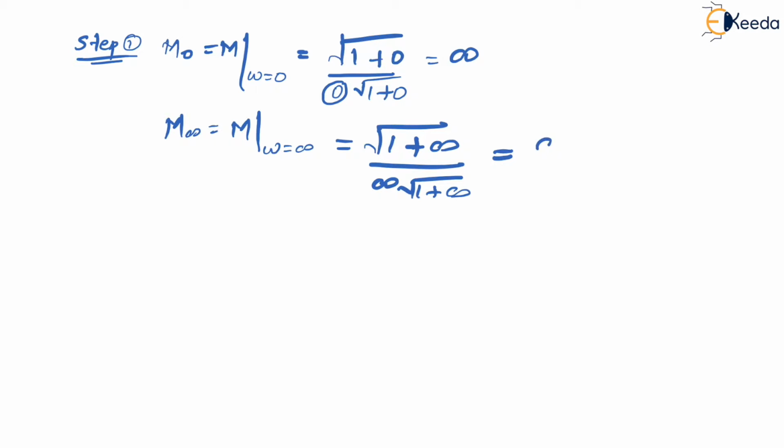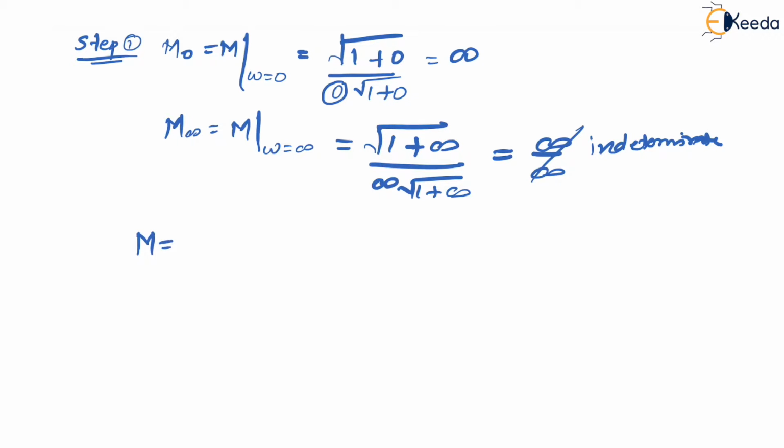Now if you see, you are getting this infinity by infinity form, which is the indeterminate form, which means this form cannot be determined. So in such a case, what are we supposed to do? Please take the omega common. How to take that? Let us see.